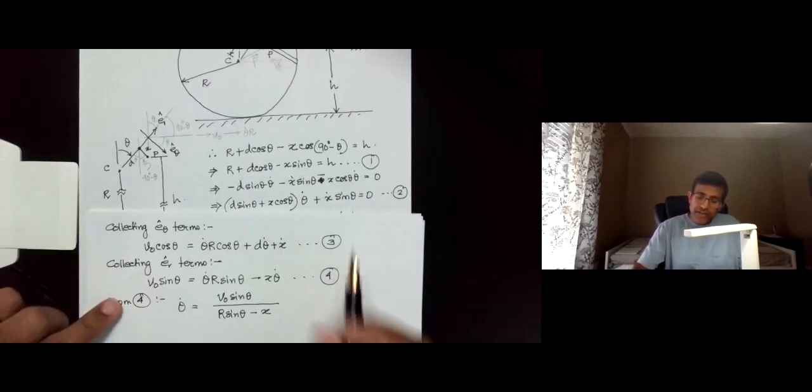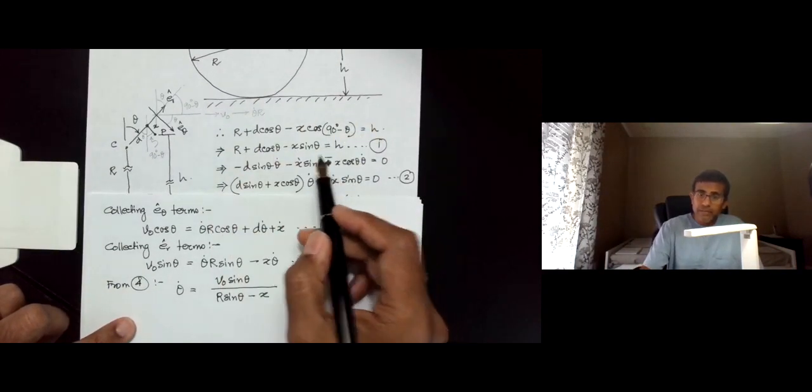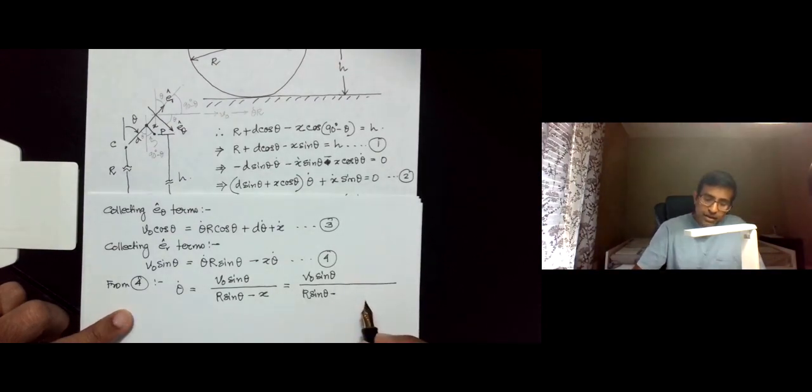In order to do that, we need to go back to our constraint equation that we had written as equation 1 and substitute for x. So we have V0 sine theta divided by capital R sine theta minus x, and x is R minus h plus d cosine theta divided by sine theta.